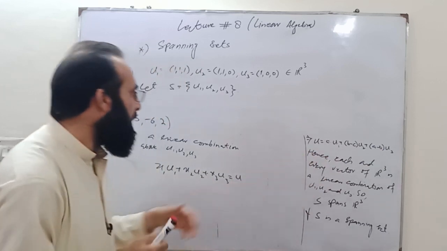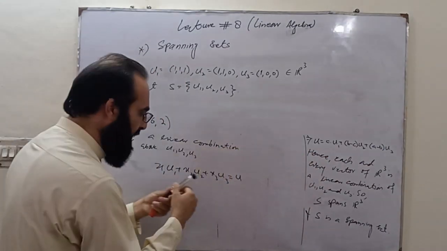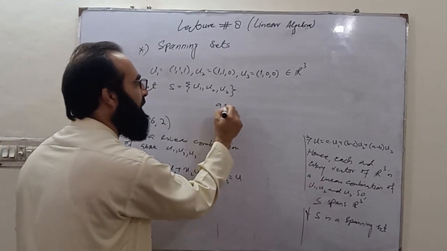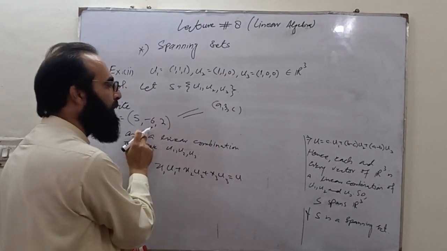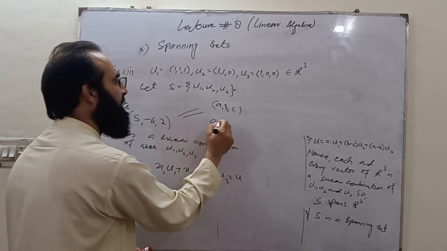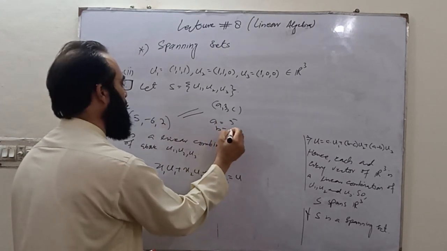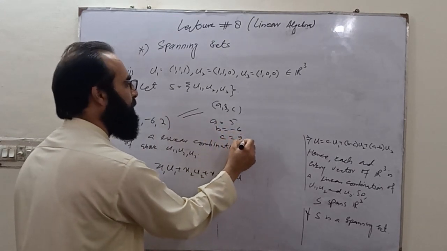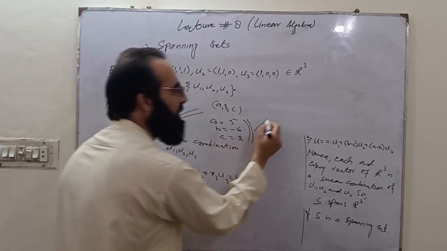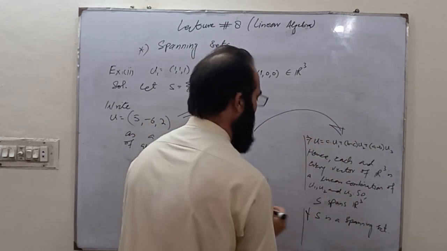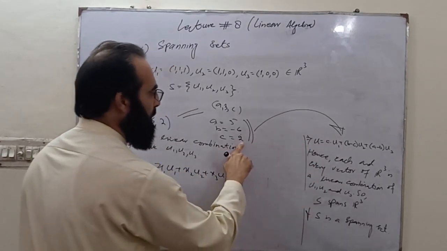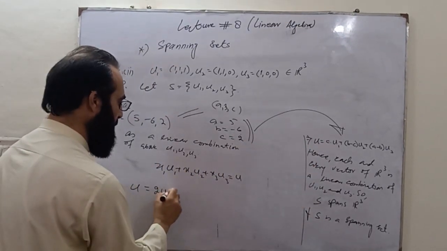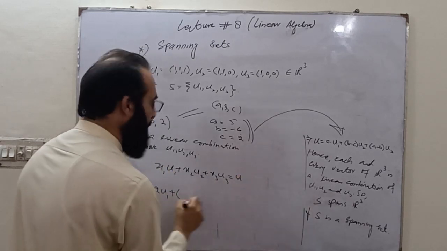Now clearly compare that arbitrary vector, which was (a, b, c), with this vector. It will give us a is equal to 5, b is equal to minus 6, and c is equal to 2. Now substitute these three values in this equation. We will get u is equal to c, meaning 2, times u1 plus b minus c.